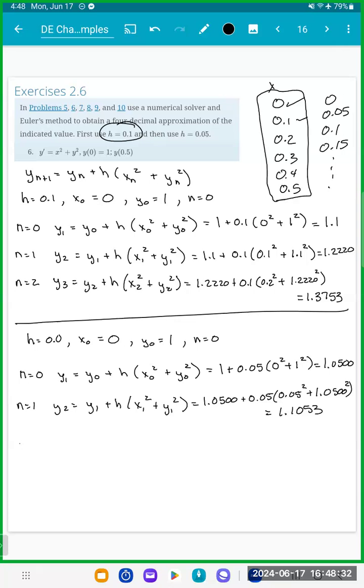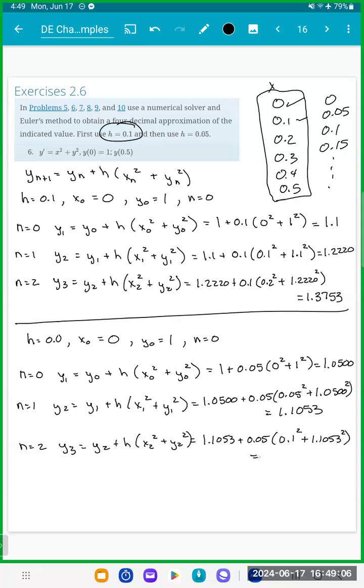I'll do it one more iteration, n equal to 2. So that's my y3 equals y2 plus h times x2 squared plus y2 squared. Now my y is 1.1053 plus 0.05 times 0.1 squared plus 1.1053 squared.